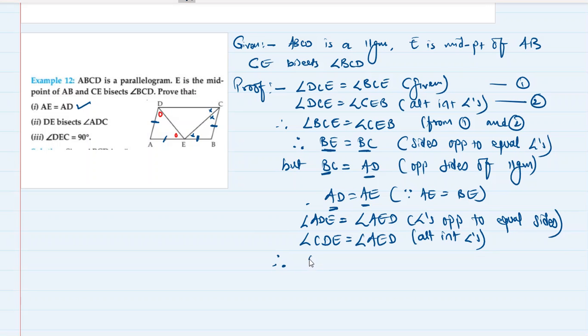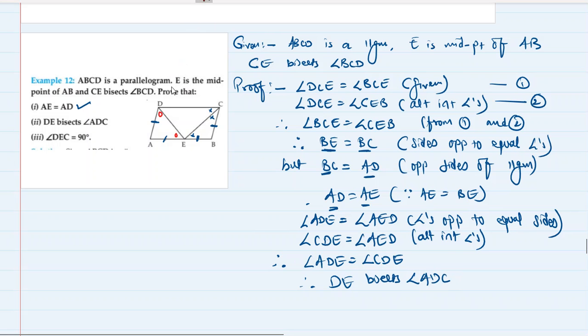Therefore, we can say that angle ADE is equal to angle CDE, and therefore we can say that DE bisects angle ADC. Okay, so this angle is also equal.